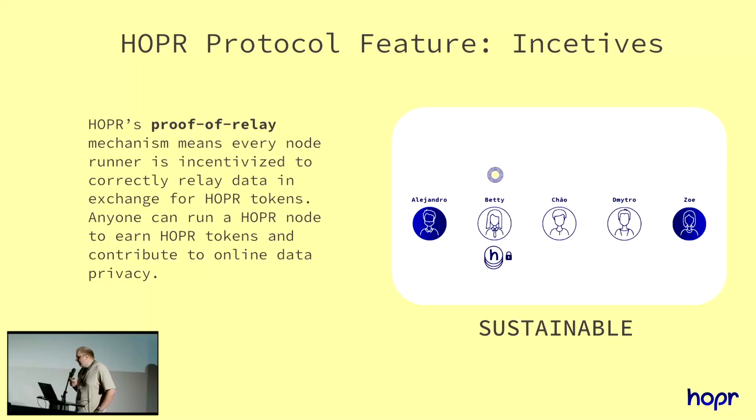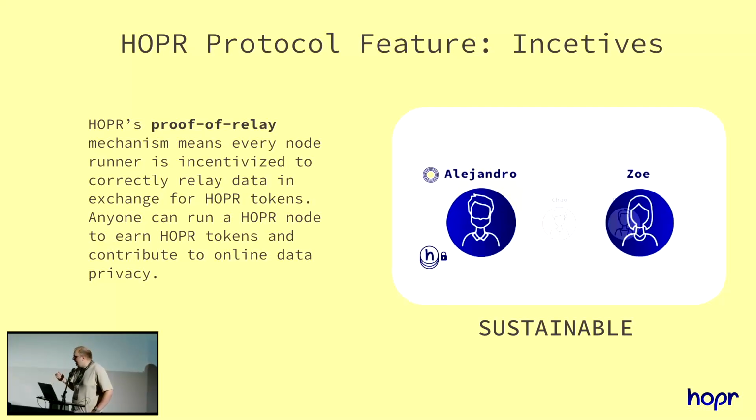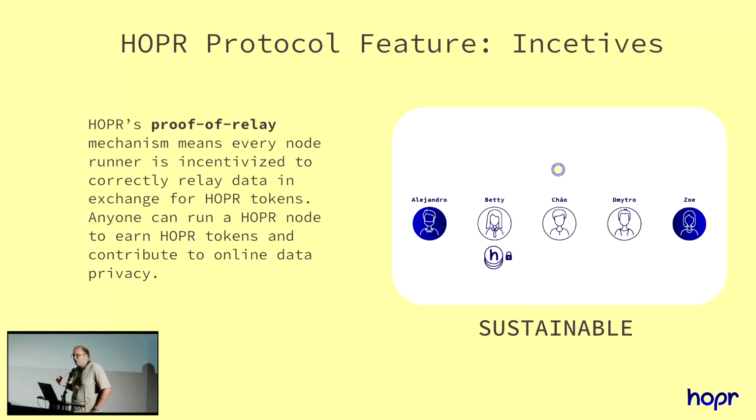So think about it like this: when I want to send out a packet through 3 hops through the network to the final destination, I actually have to pay upfront, verifiably, 3 pieces of a token, let's say.